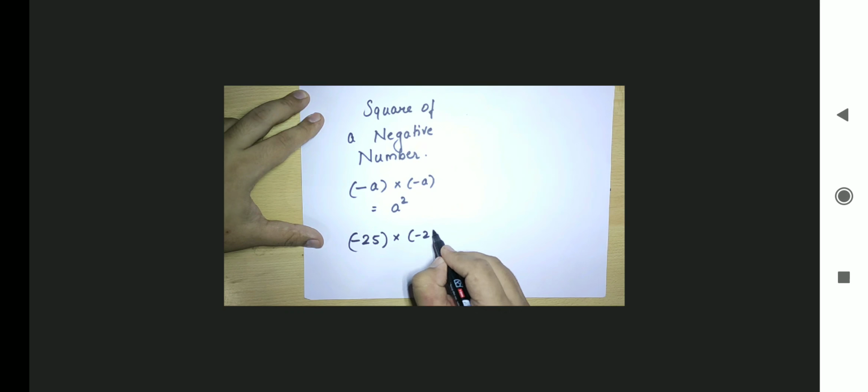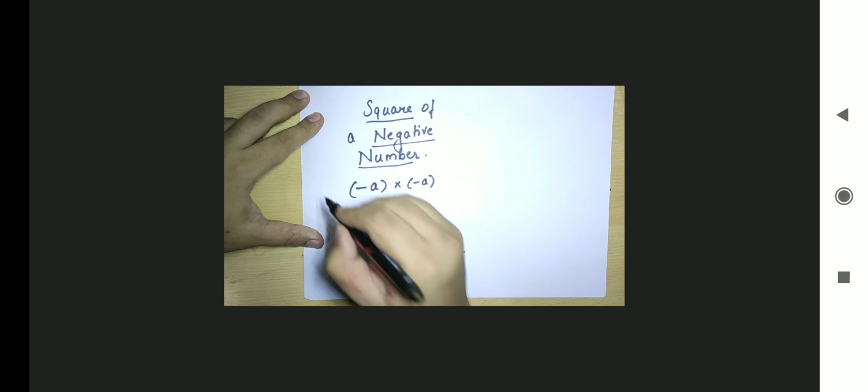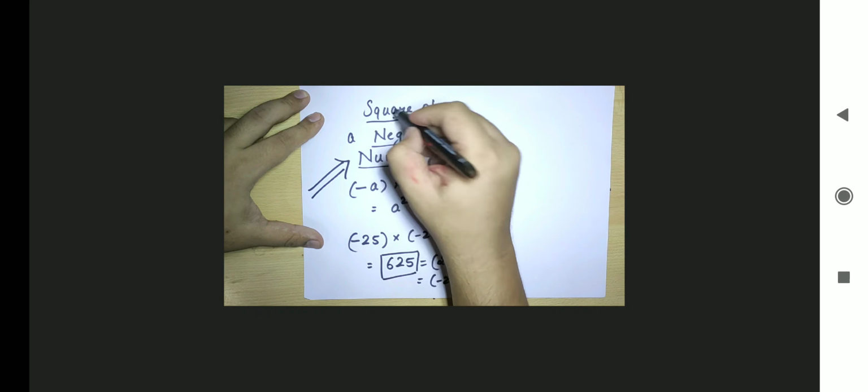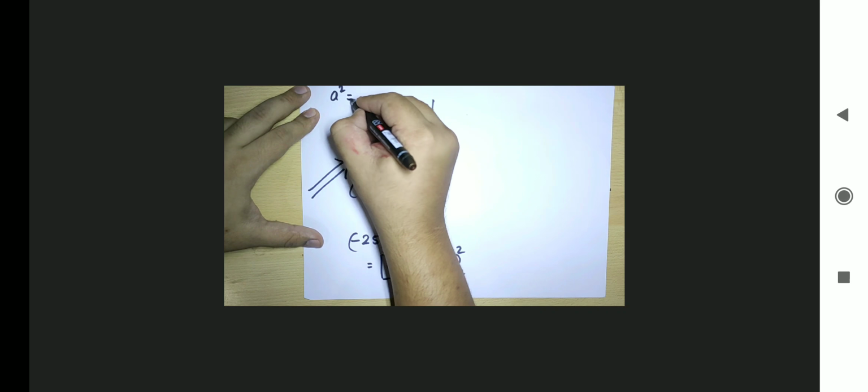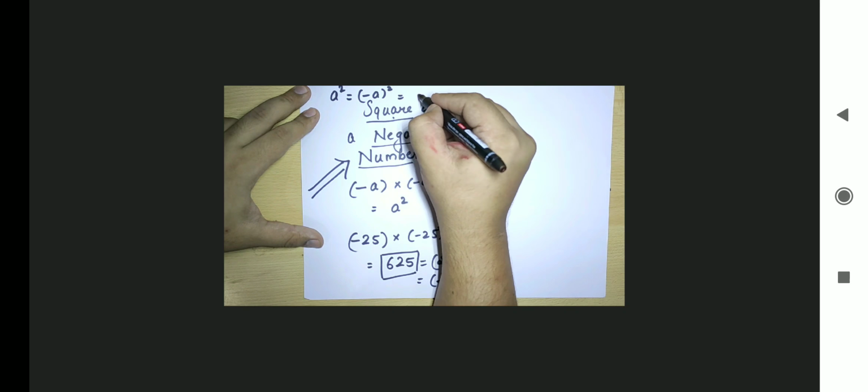For example, if we take minus 25 multiplied by minus 25, the answer will be 625, which is equal to 25 square, which is also equal to minus 25 square. So the square of a negative number is always positive. Keep this point in mind. So we can say that a square is equal to minus a square. The answer will always be positive.